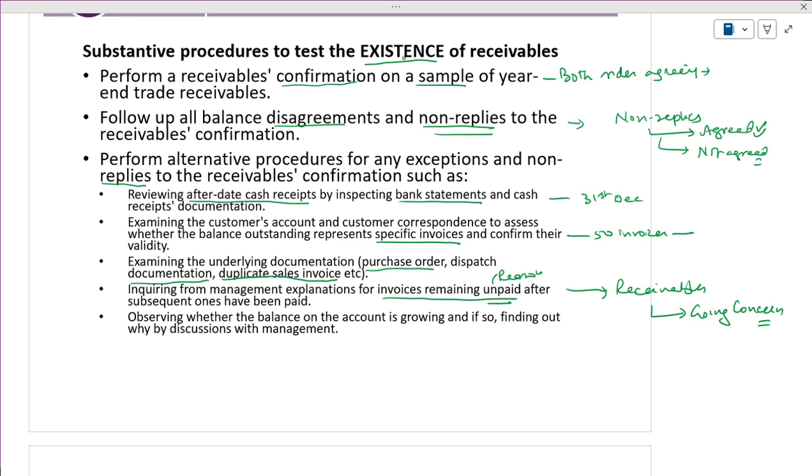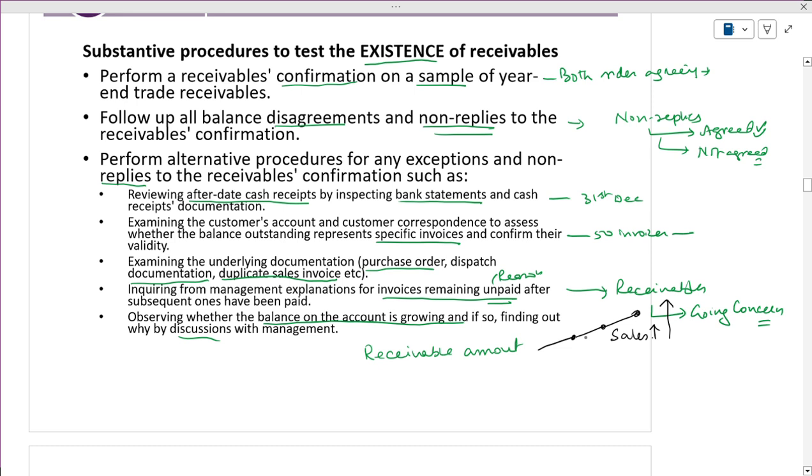Observe whether the balance on account is growing, and if so, discuss. The receivables amount, year on year, is increasing. Fine, we can take it that because the sales have been increasing, the receivables are also increasing positively.